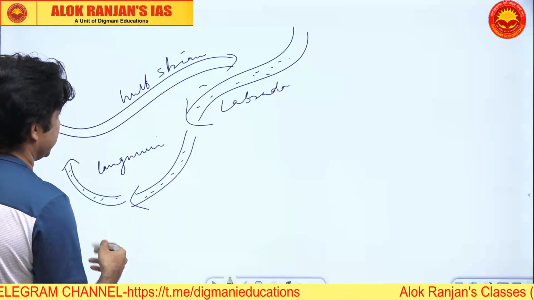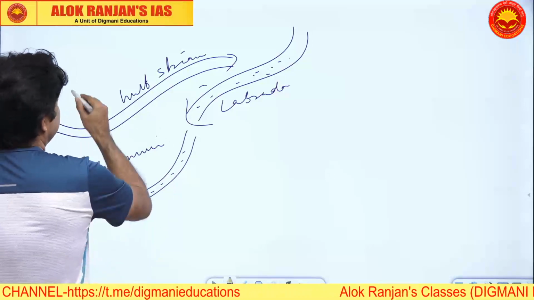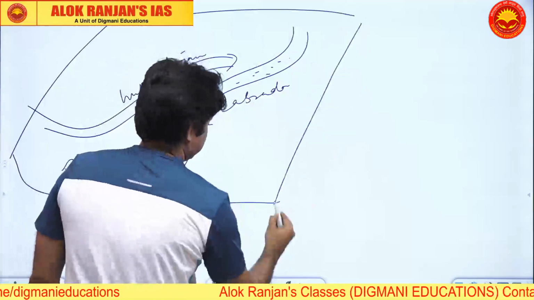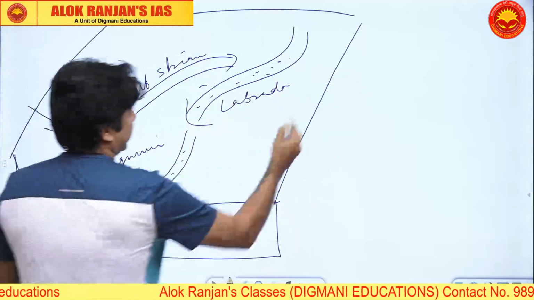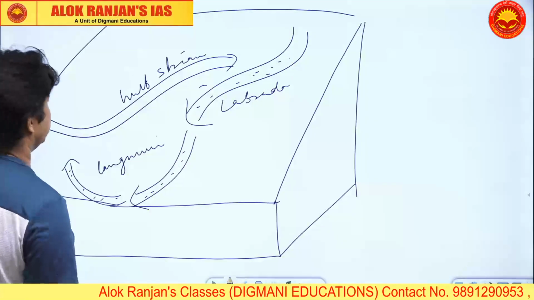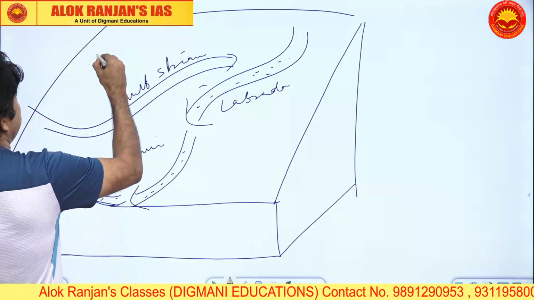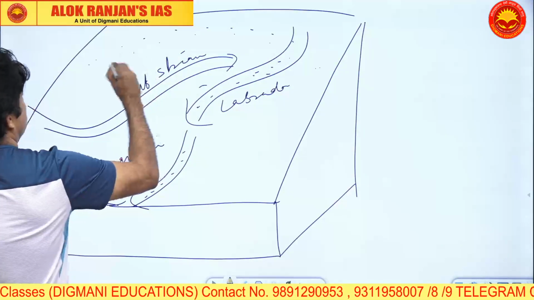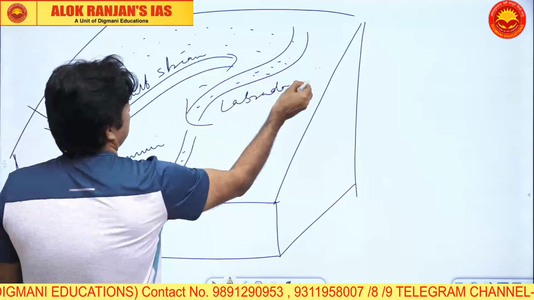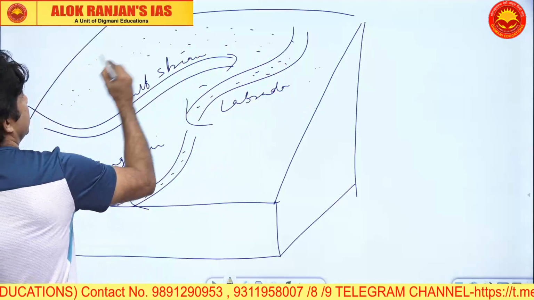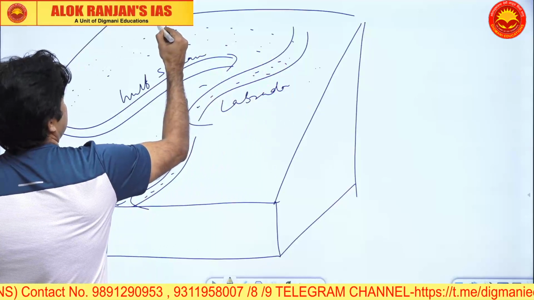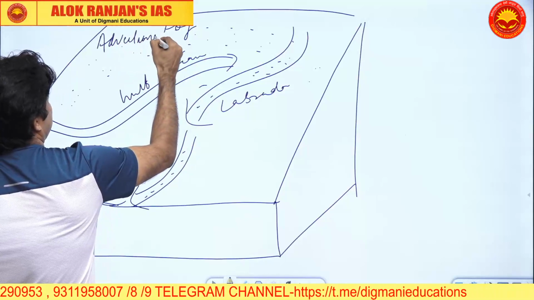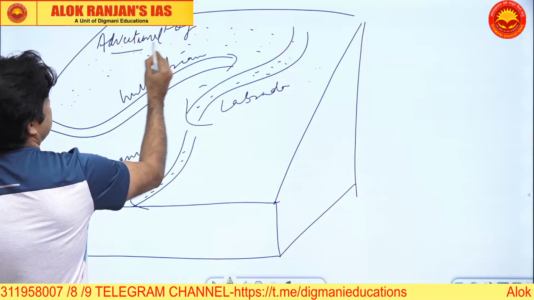Now, as this circulation is being formed, if you take the cross-section of the ocean, this entire belt will be totally covered with fog. This fog is because of the mixing of the cold and the warm water, and this is called advectional fog.